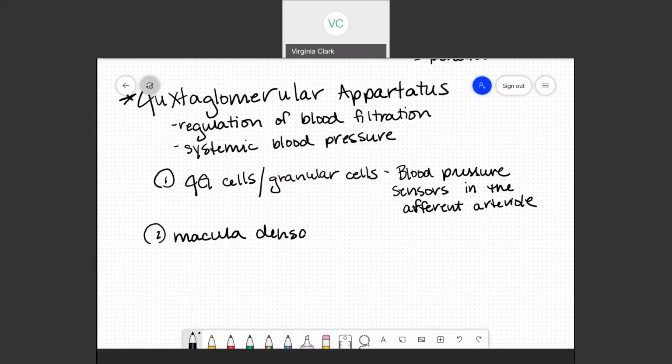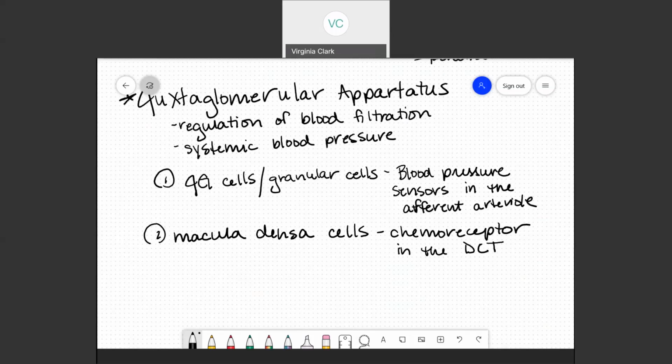Your macula densa cells are going to be a chemoreceptor. So they're going to measure chemical concentration and chemical level. These are going to be found in the distal convoluted tubule.